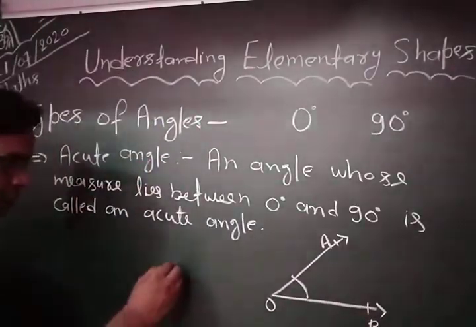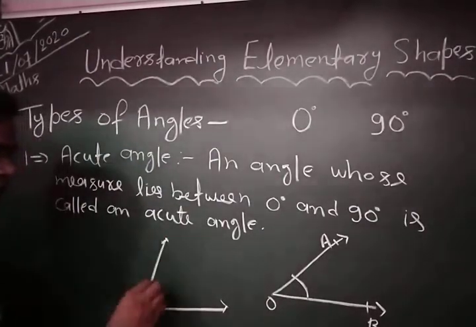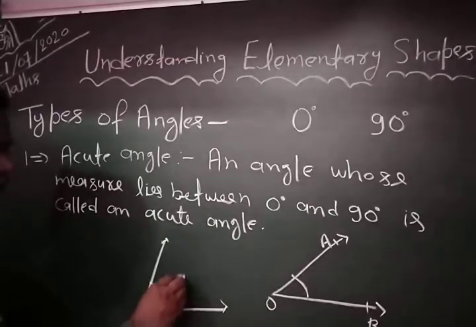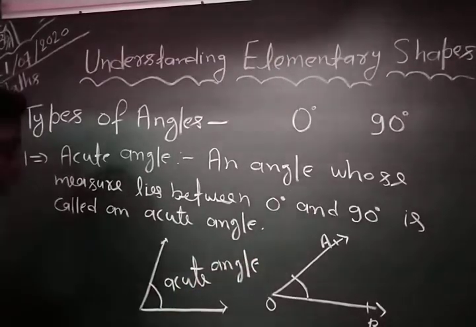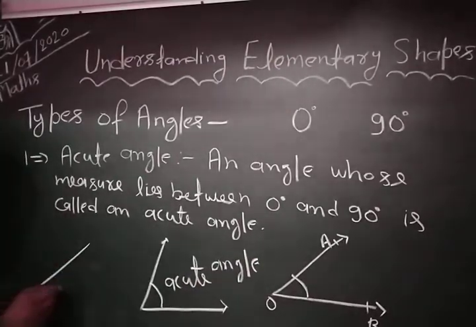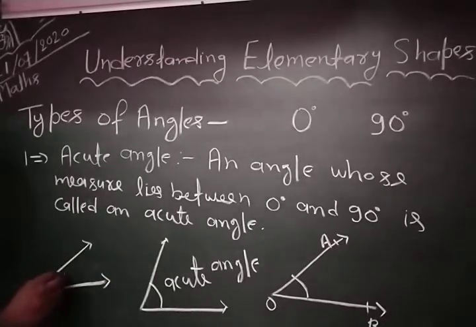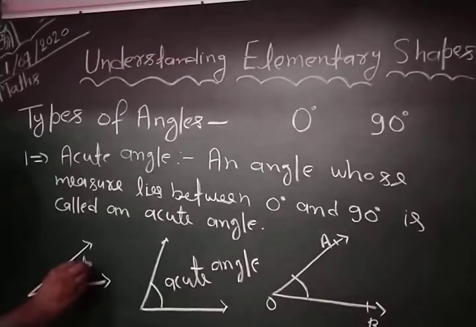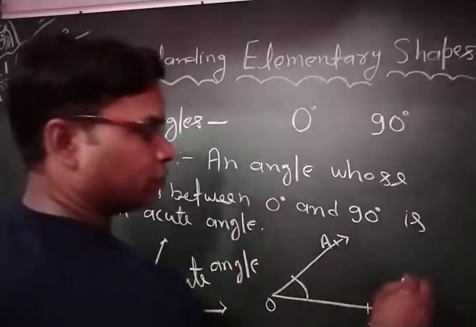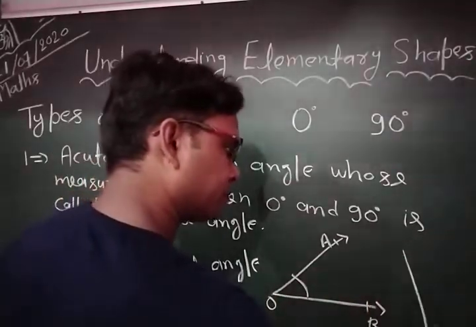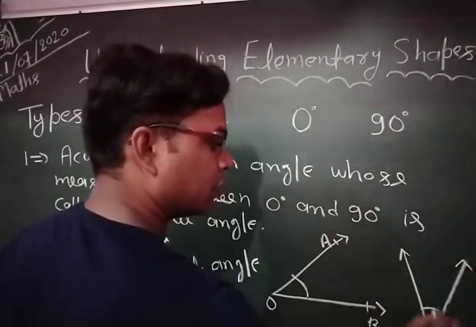Also you can write this. This is an acute angle. This is also like this, an acute angle. Such a type is also like this, an acute angle.